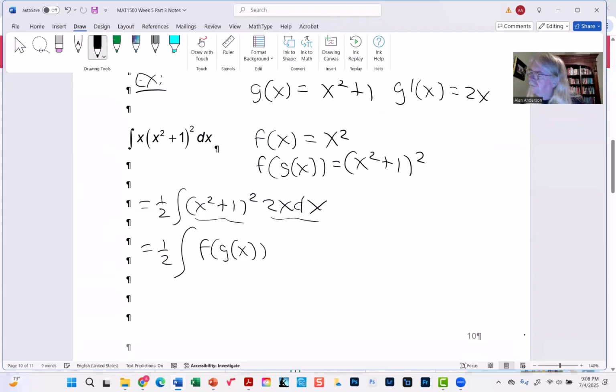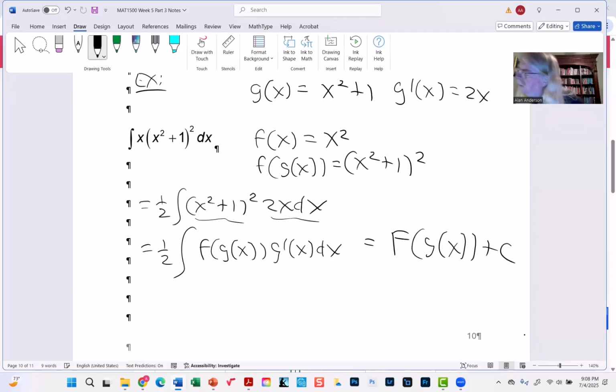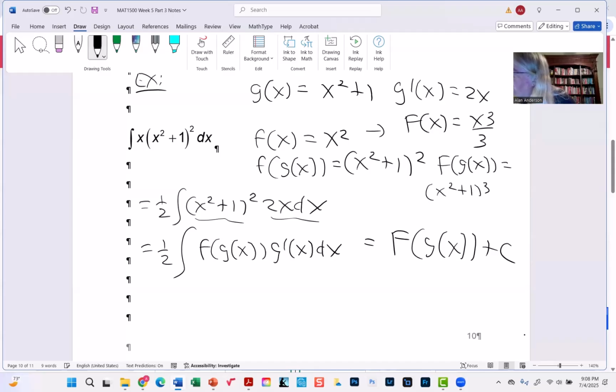This is g prime of x dx. So the integral here is x cubed over 3, which means that you have x squared plus 1 cubed over 3.